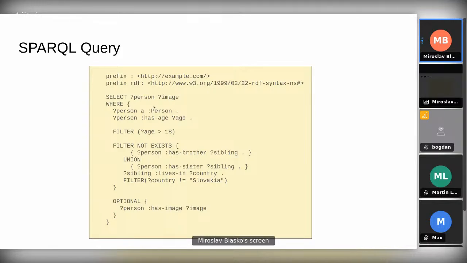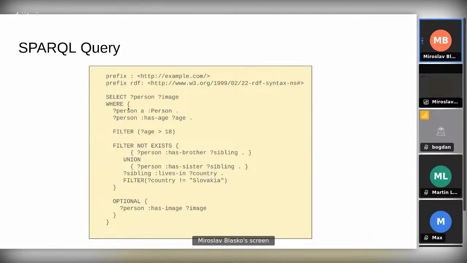There are some parts which are called in the specification, for example, basic pattern, like the triple pattern here, the filter, some union operator, and the optional clause, I think it's called. And they all mean something different.